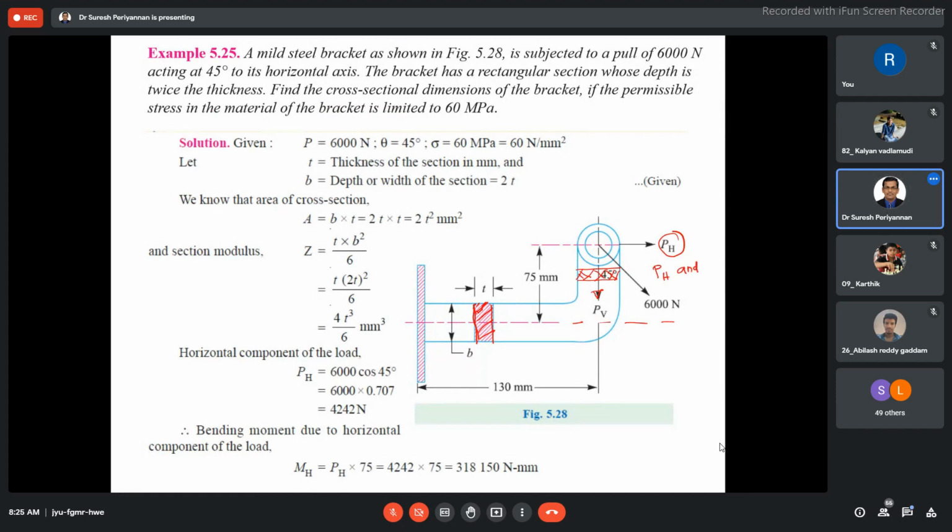PH is tensile, PV is compressive. If you are considering this region of interest, they have clearly mentioned: find the cross section area of the bracket based on this region of interest. Are you clear now?